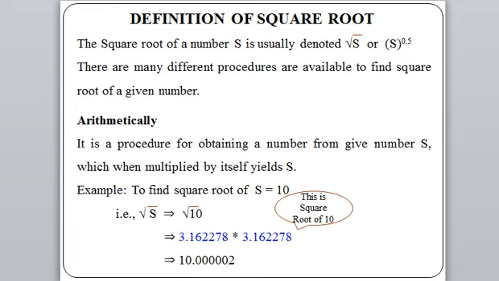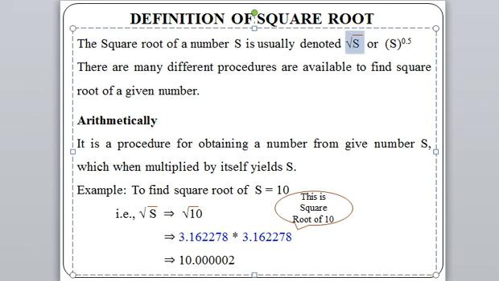So, the definition of square root. We all know that the square root of a number s is usually denoted as square root of s in this fashion, or else sometimes we can write it in another way. It is like this: s to the power 0.5. There are many different procedures available in mathematics to find the square root of a given number.